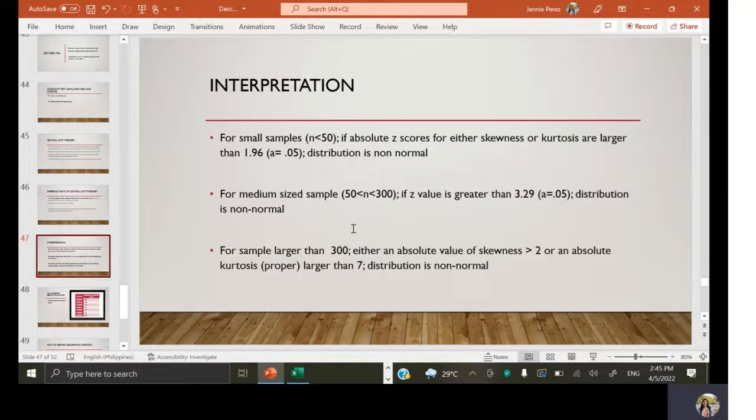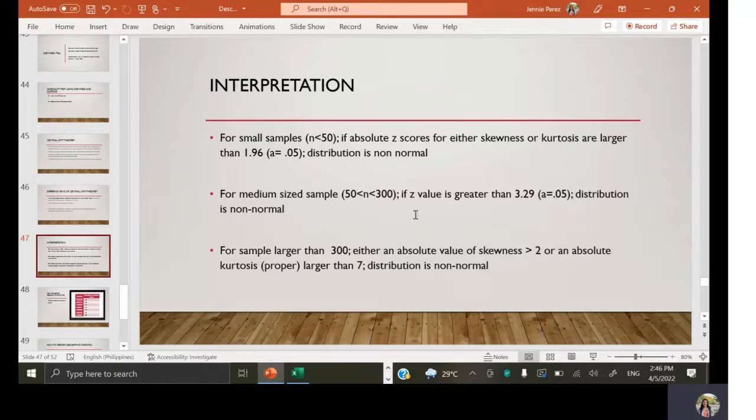Since I have 135 samples, this is now considered a medium-sized sample. So this is greater than 50, less than 300. If the z-value is greater than 3.29 at an alpha level of 0.05, my distribution is non-normal.